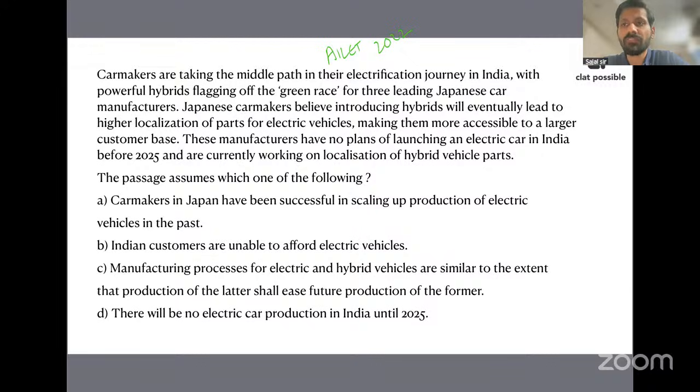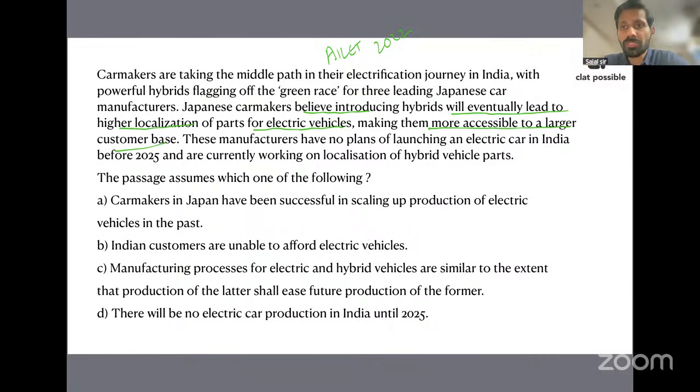These manufacturers have no plans of launching an electric car in India before 2025 and are currently working on localization. So why are they working on localization of hybrid vehicles? Because the belief is that it will eventually lead to higher localization of parts for electric vehicles, making them more accessible to a larger customer base. So eventually they'll make that complete transition to electric, but currently they are working on the hybrids, right?